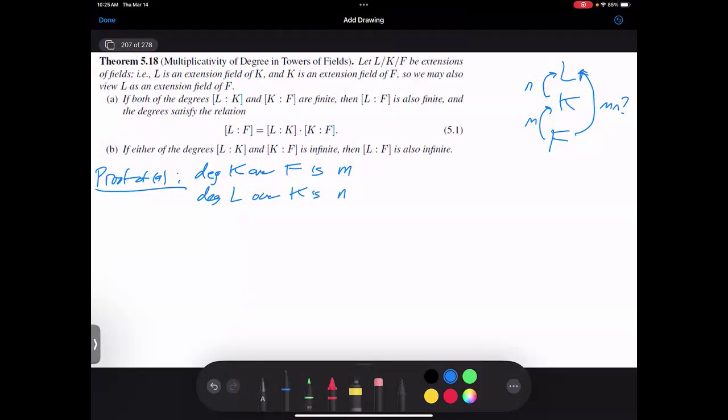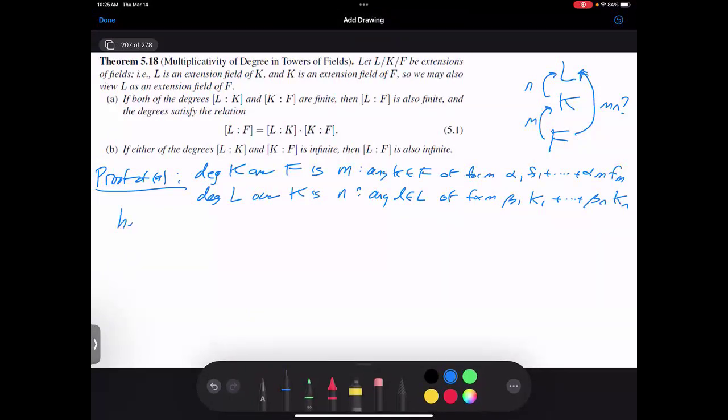So what does it mean for the degree of K over F to be M? Any k in K is of the form alpha 1 f1 plus dot dot dot plus alpha m fm. And any l in L is of the form beta 1 k1 plus dot dot dot plus beta n kn.